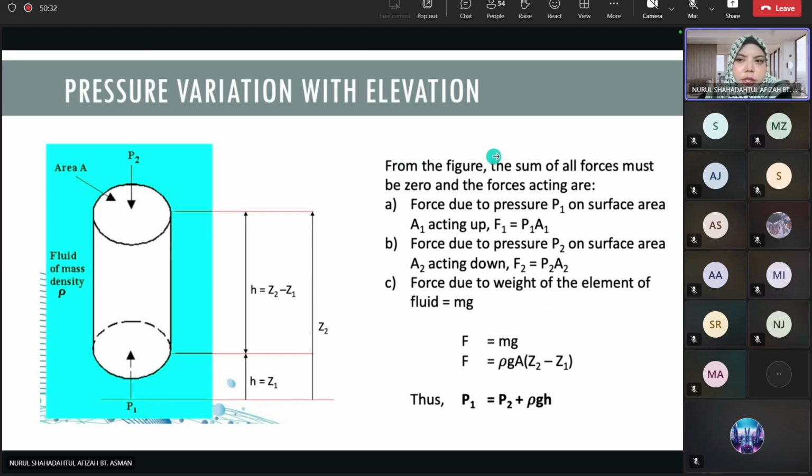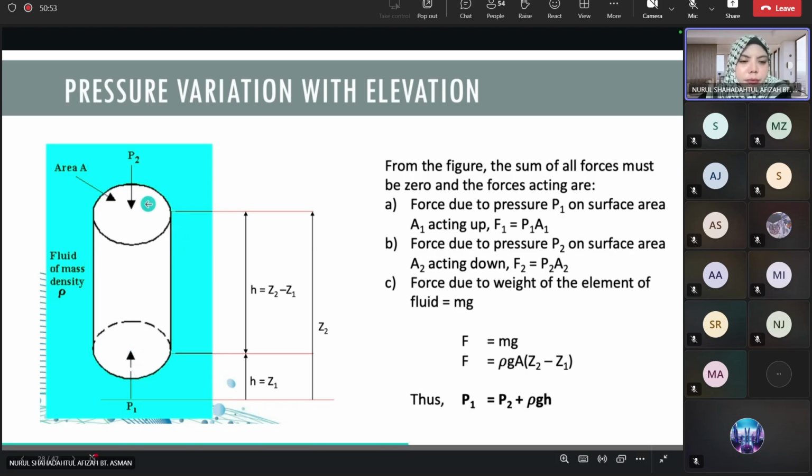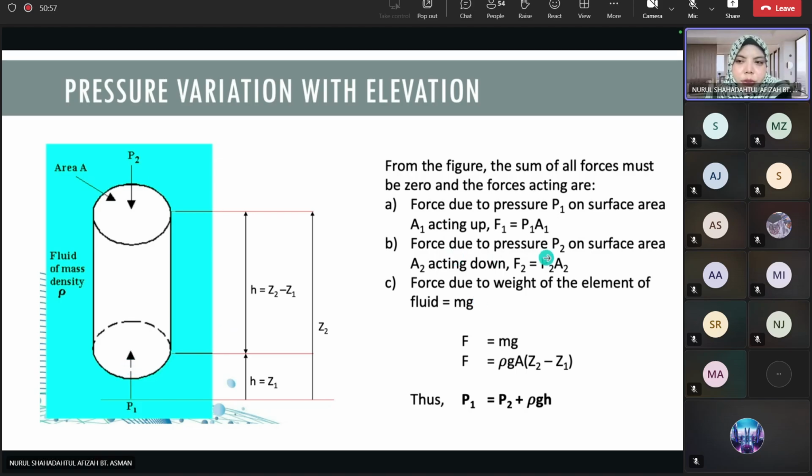So from the figure, the sum of all forces must be zero, and the forces acting are: first, force due to the pressure P1 on the surface area acting up, F1 equals P1 times A1, area of the cylinder. And then force due to the pressure P2 on surface area A2 acting down.